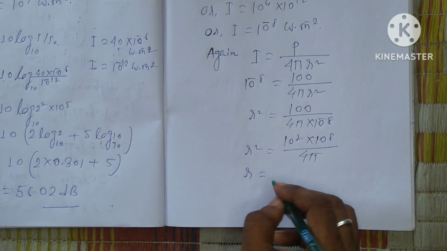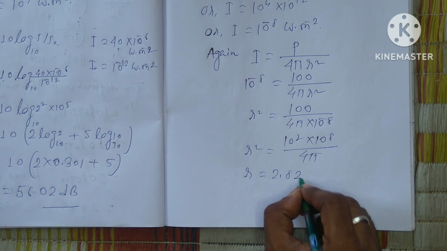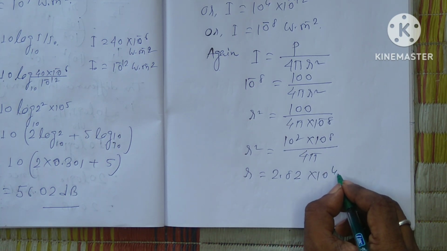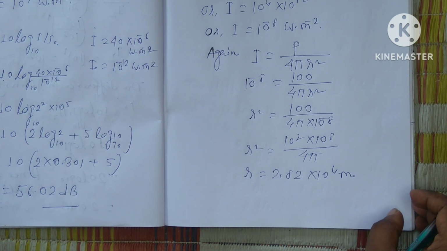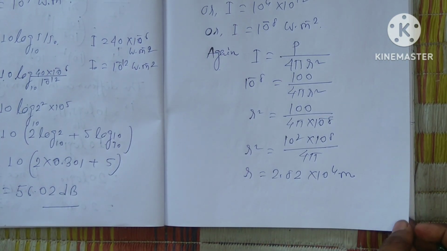So R equal to 2.82 into 10 to the power 4 meter. So this is the value of R.